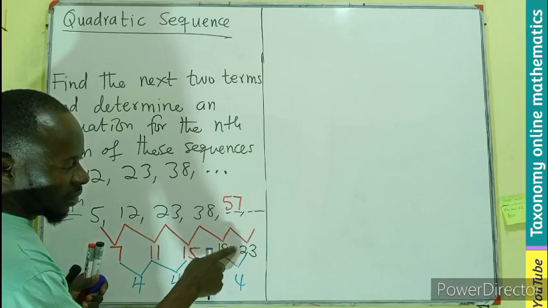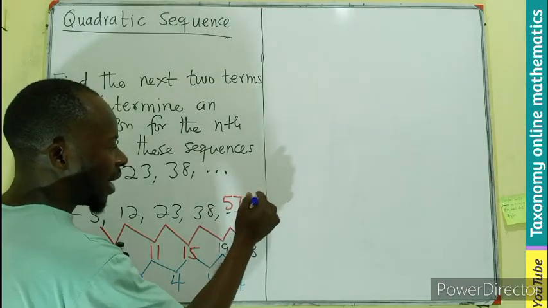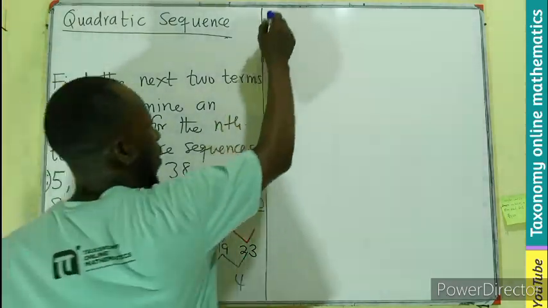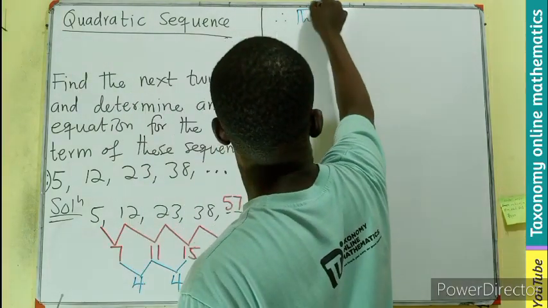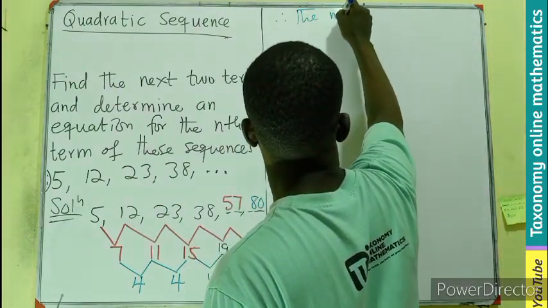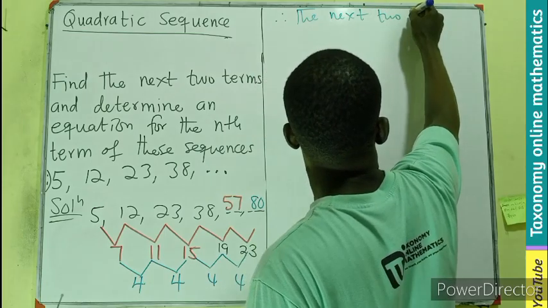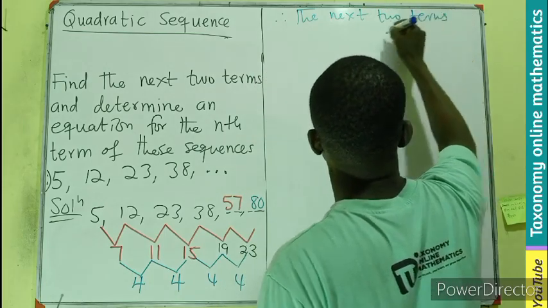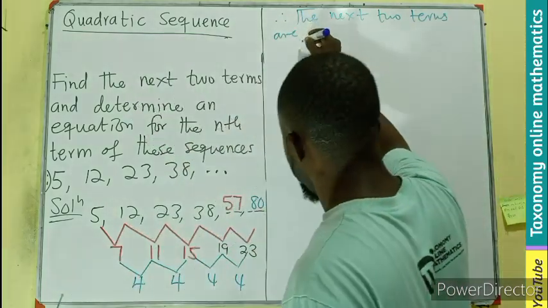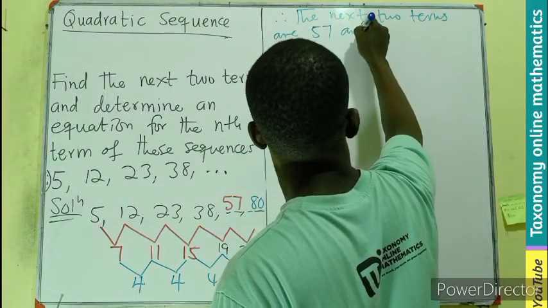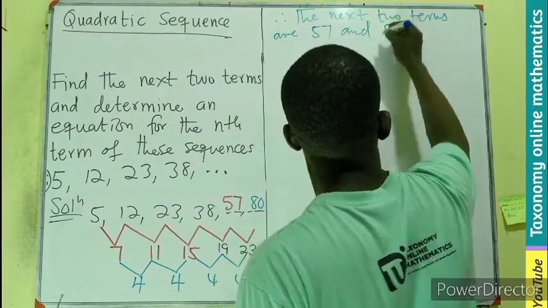So therefore, the next two terms of the sequence will be 57 and 80.